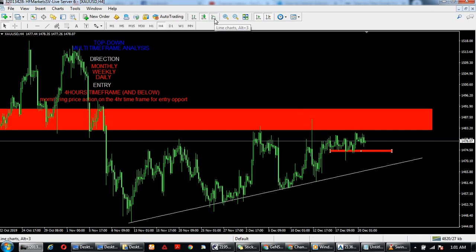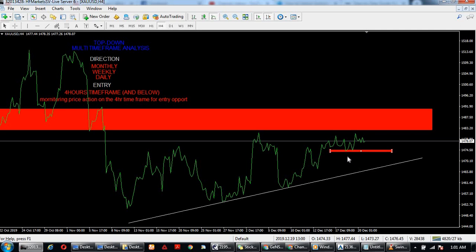Let's get back to our line chart again. Yes, we can see first this is a close just at this point, so there's a support there, there is another support there. So yes, we would not want to consider selling gold just yet.